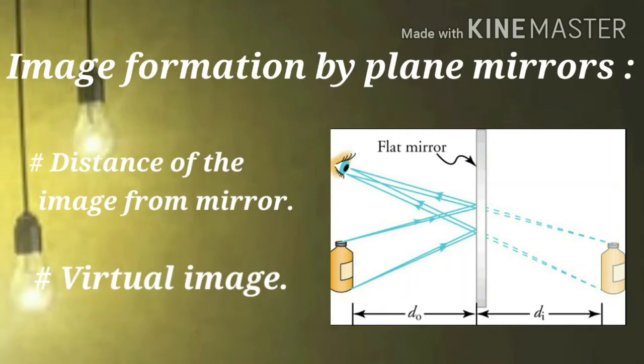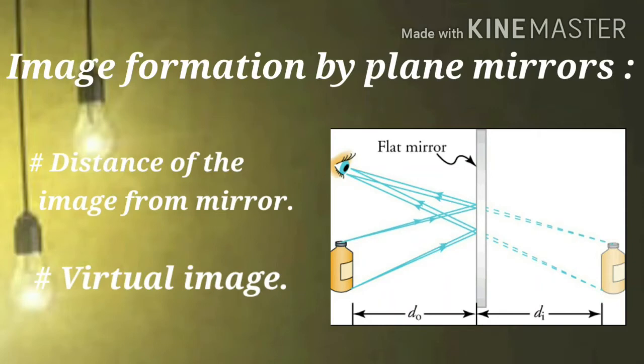Which are they? The first we discussed: upright or erect image. The second one, the size of the image. The size of the image formed by the plane mirror is always equal to the size of the object. Next, a laterally inverted image is formed.